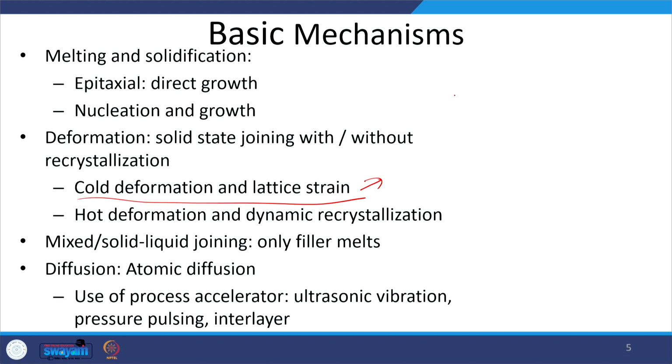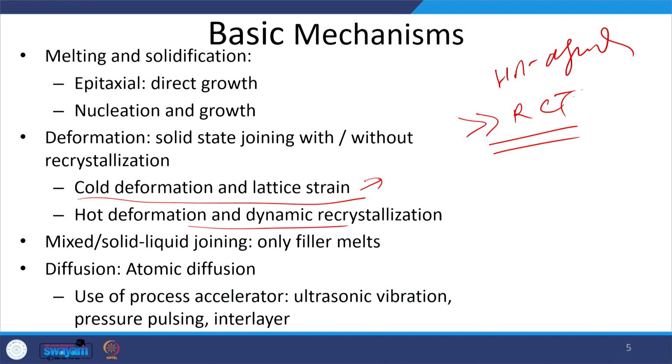When plastic deformation, whether it is micro level or macro level, is used for development of the solid state joint, and if the temperature is greater than the recrystallization temperature under hot deformation conditions, then this will lead to recrystallization. Okay. And recrystallization means the effect of work hardening will be minimized, and newer grains will be formed, without the elongated grains.